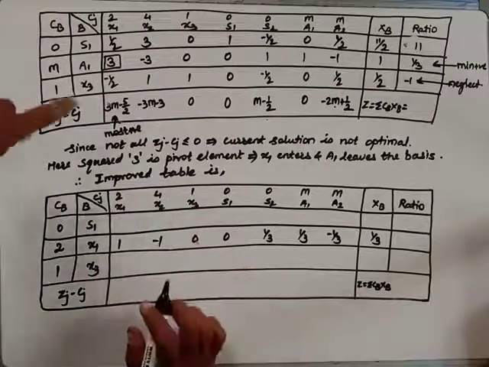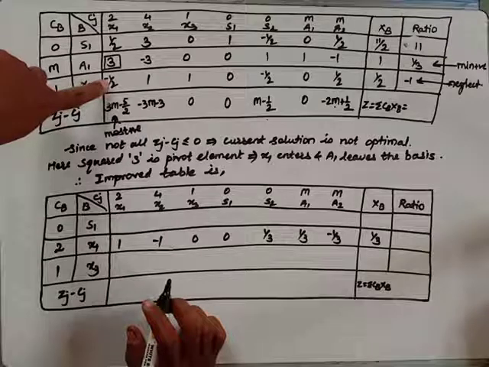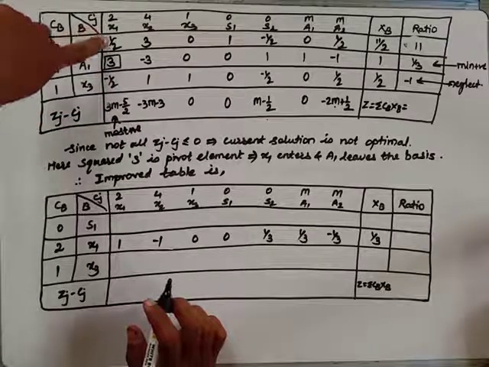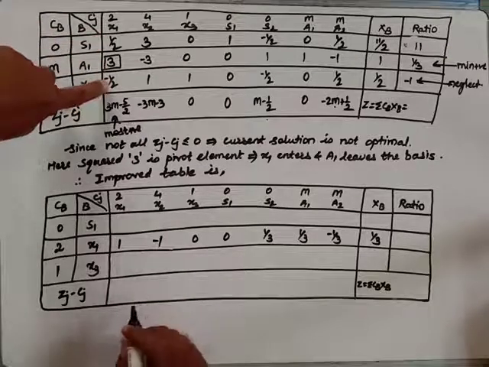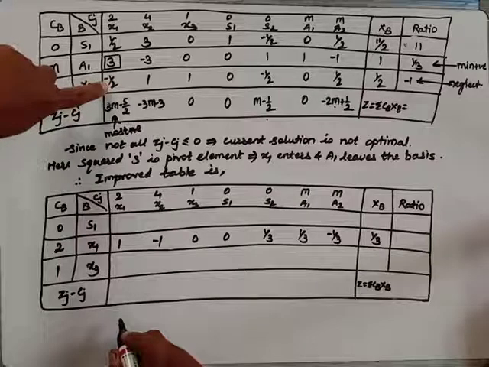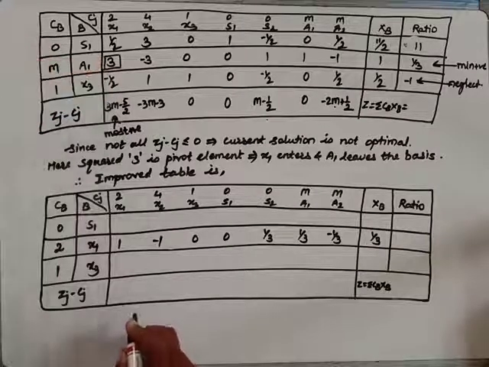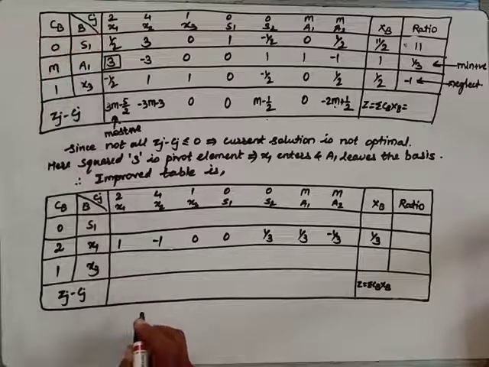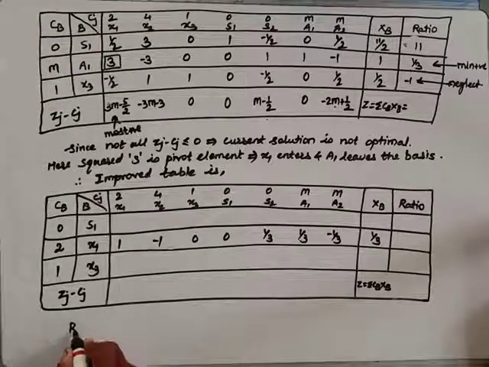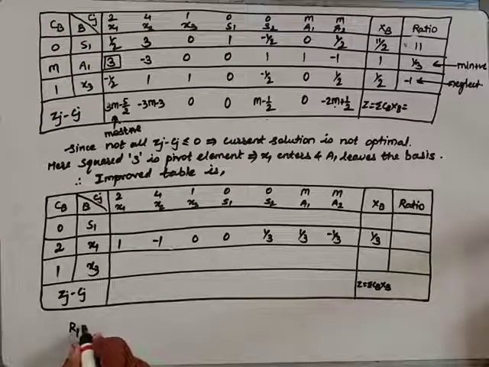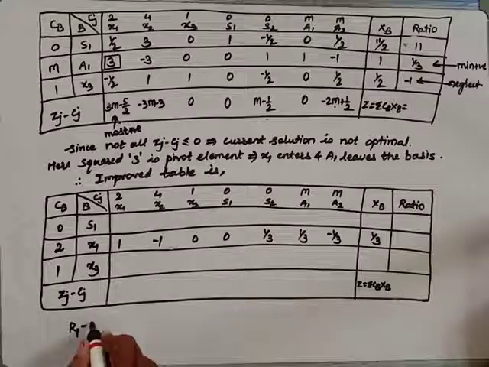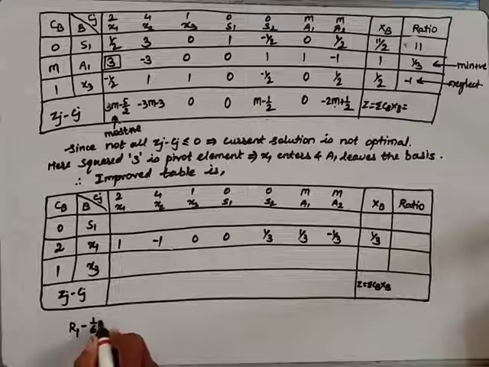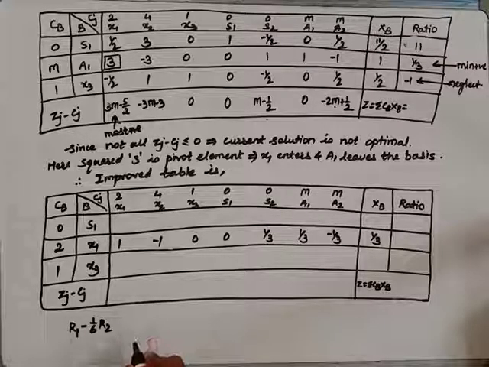Now we have to make this minus half 0 and this half also 0. So to make this minus half 0, let us first of all do for R1 an operation. R1 minus 1 by 6 R2.